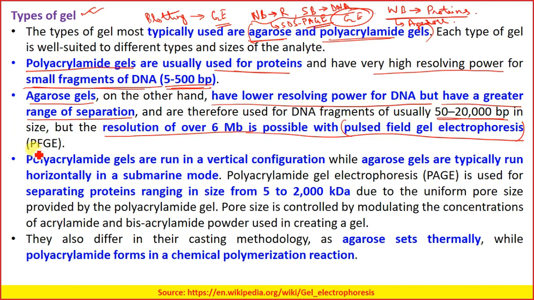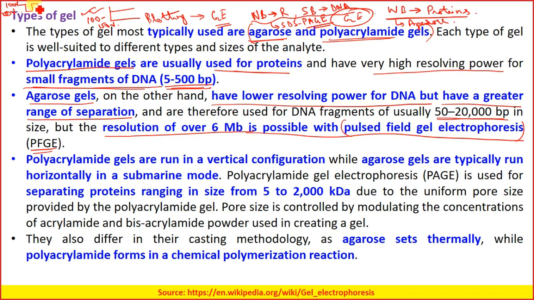which has been abbreviated as PFGE. Usually in gel electrophoresis, we apply a constant voltage of 100 to 150 volt. In PFGE, we apply a pulsating voltage. So for some time we give 100 volt or 150 volt, then we drop it down to 0 volt.